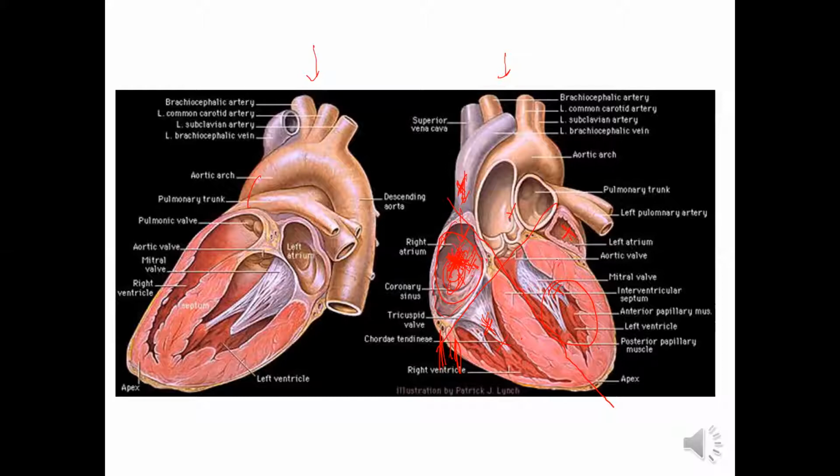oxygenated blood. And where does oxygenated blood have to come back from to be oxygenated? Anybody know? Like, where does the oxygen come from? What system? Lungs. The lungs. The pulmonary. So as opposed to the right side of the heart, where it's coming back from the systemic circuit and the coronary circuit, the left atrium is receiving all of the blood that's coming back from the lungs.